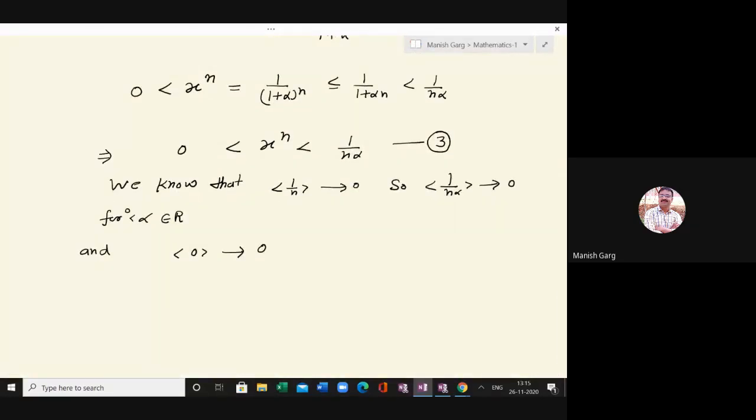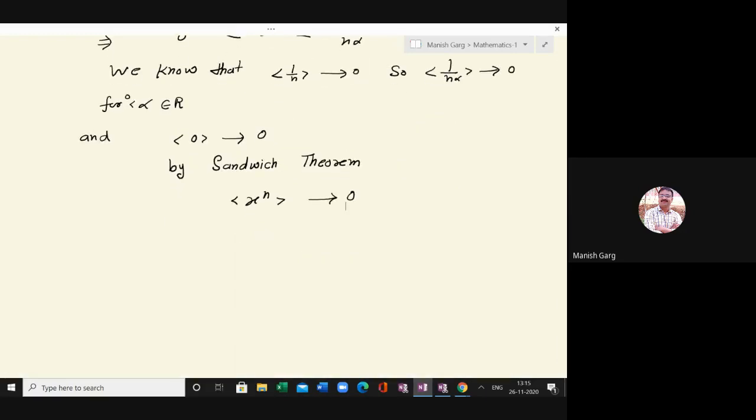So here, by the Sandwich theorem, x^n will converge to 0. So this is the solution of the example.